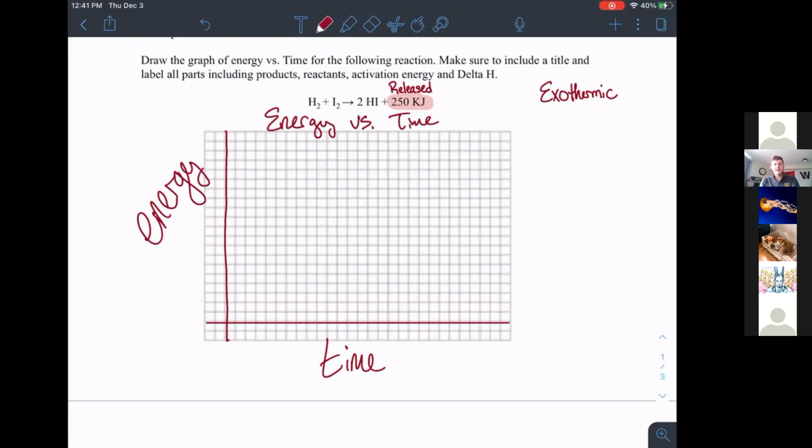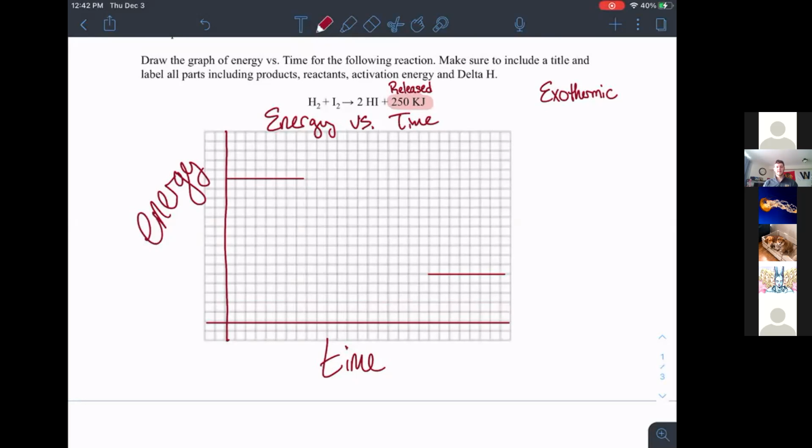So now we've labeled the title and the axes, and now we have to draw our graph. When we draw our graph, do we want our reactants or our products to be higher? Reactants. Our reactants will be higher than the products because it's an exothermic reaction.